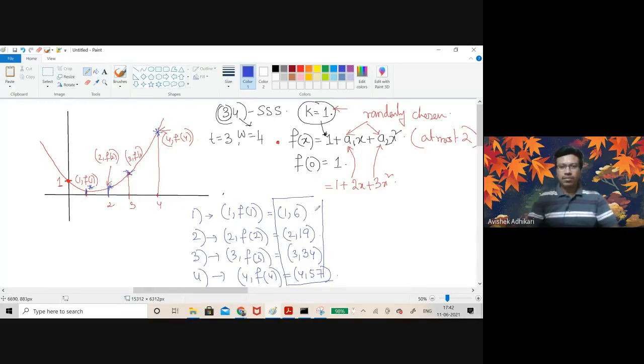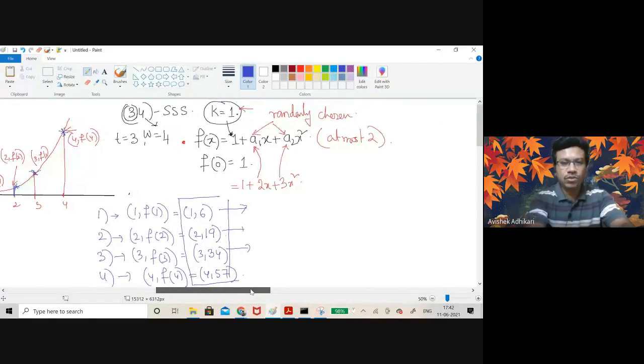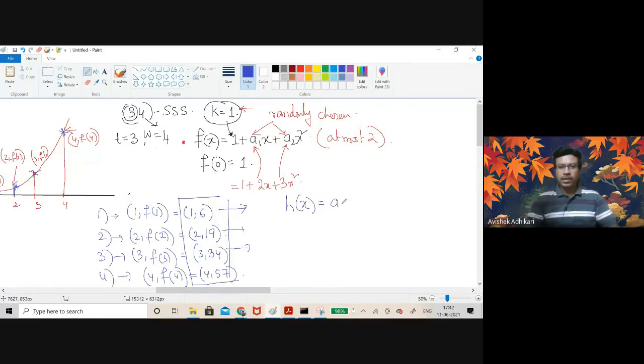So suppose 3 of them come together. What they will do is simply solve the equations. They know that the dealer has chosen a degree 2 polynomial because it is a 3-4 scheme, so the dealer must choose at most a degree 2 polynomial of this form: a0 plus a1x plus a2x square.